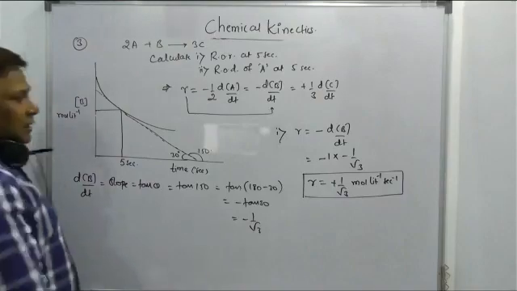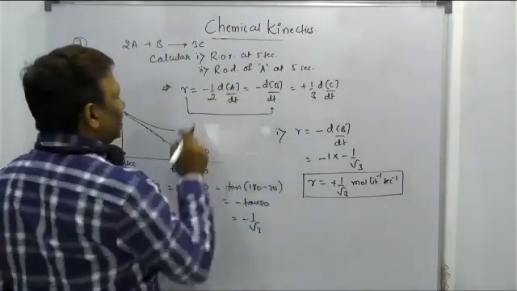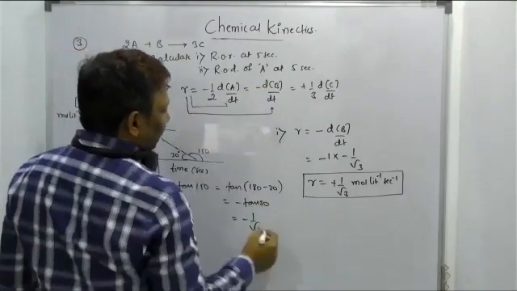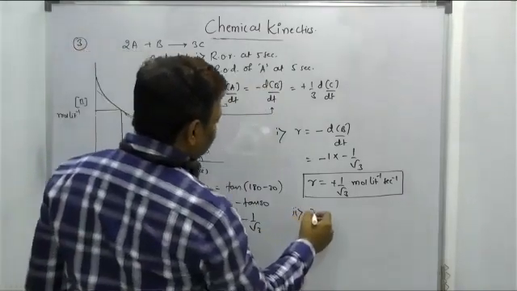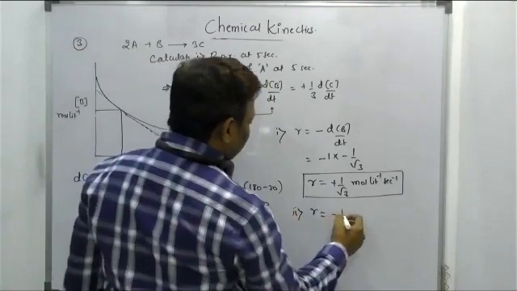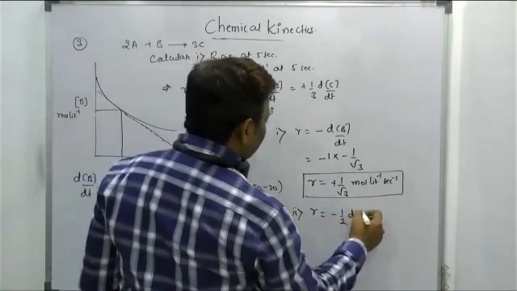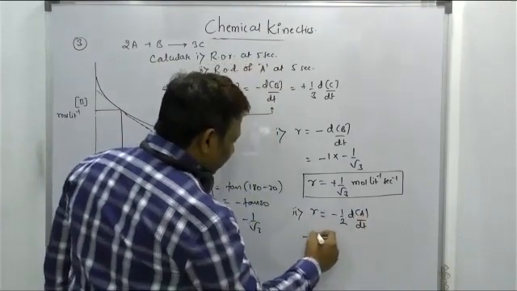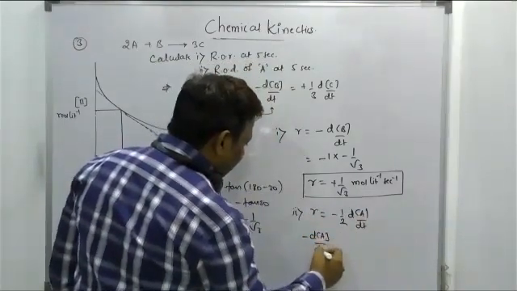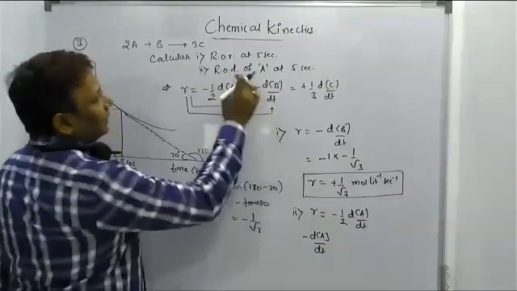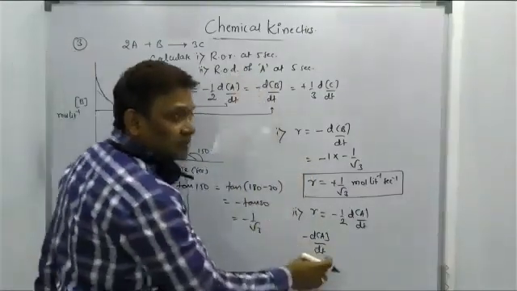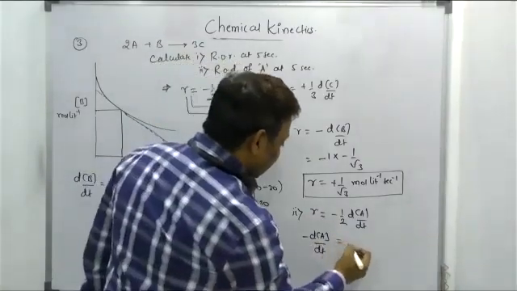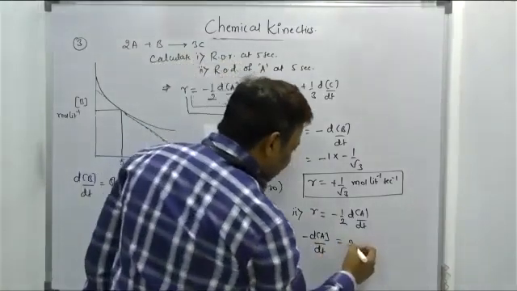Once we have the ROR, can we get the ROD? Compare it with A. Comparing with A, R is equal to minus 1 by 2 d concentration of A by dt. Minus d concentration of A by dt is the rate of disappearance of A, which is equal to 2 times ROR.